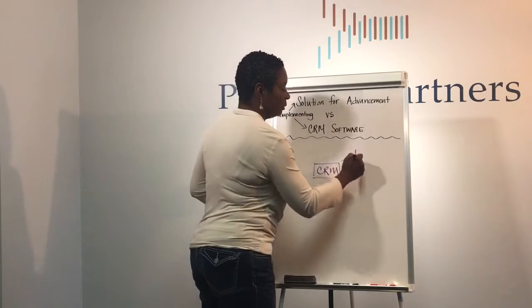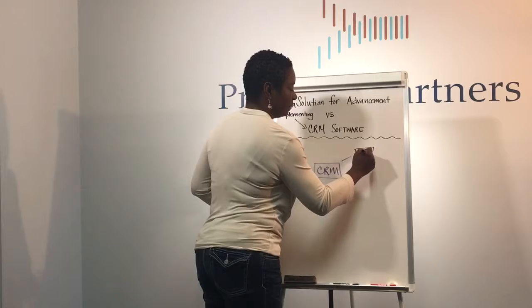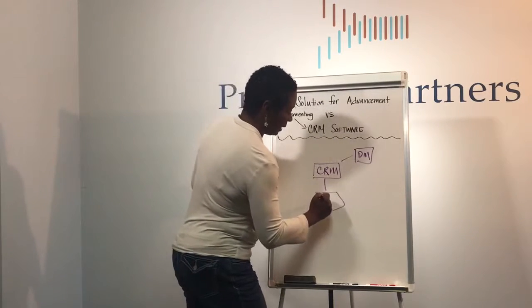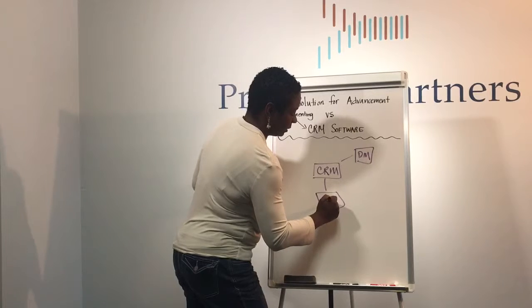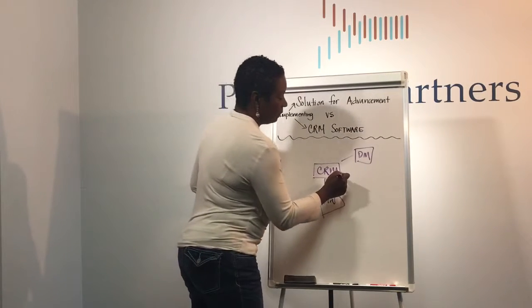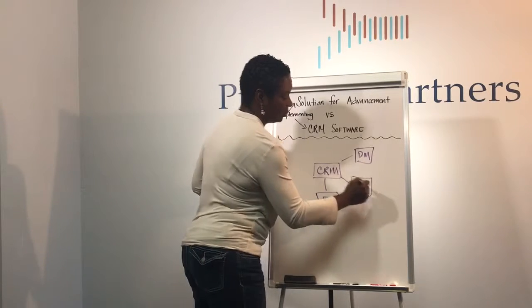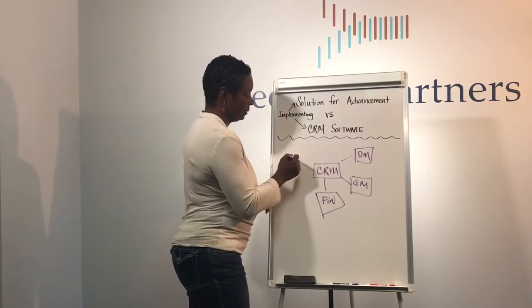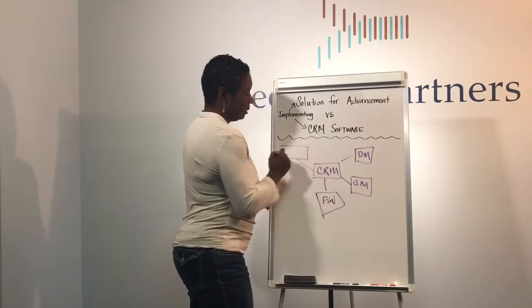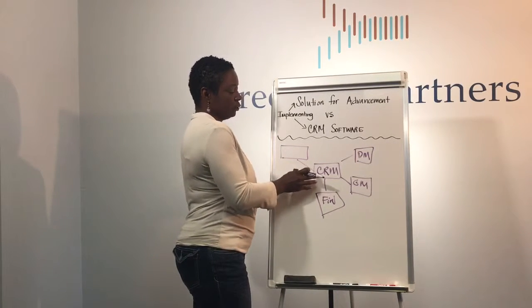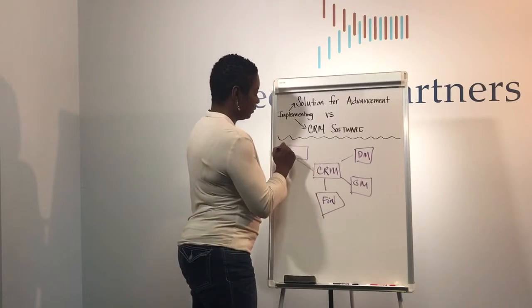So this can include things like document management. This can include an integration to the financial system. This can include an integration to your grants management system. And for my university colleagues out there, you want to integrate your CRM with your student system.